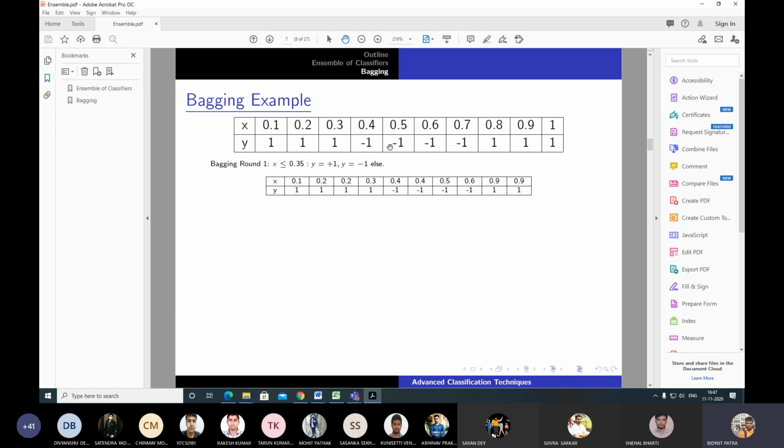If you say negative, then this will be wrong; if you say positive, this will be wrong. The error will be minimized if you take a decision stump like x less than or equal to 0.35 is positive, otherwise negative.